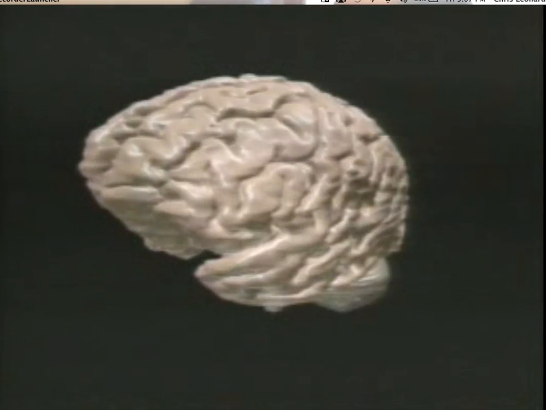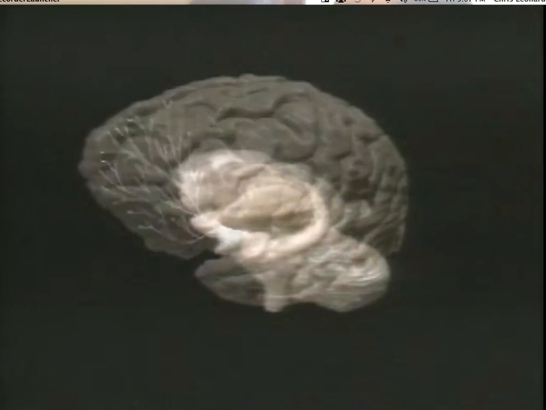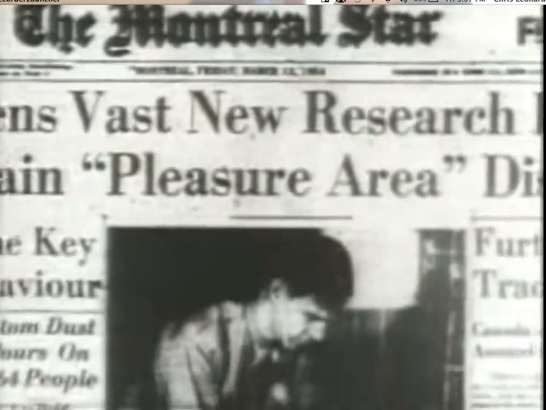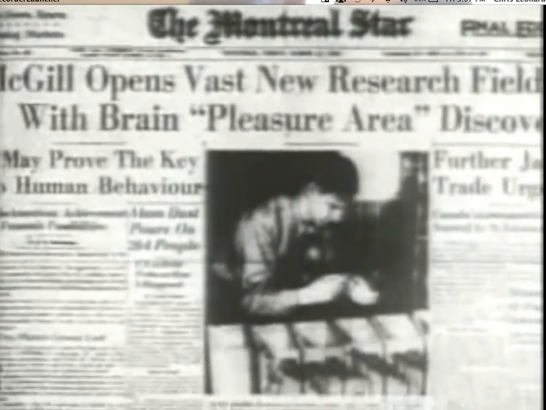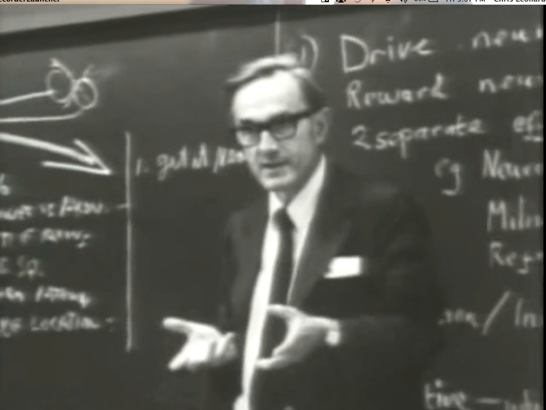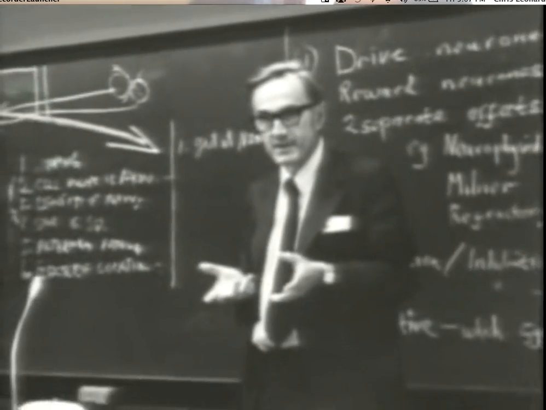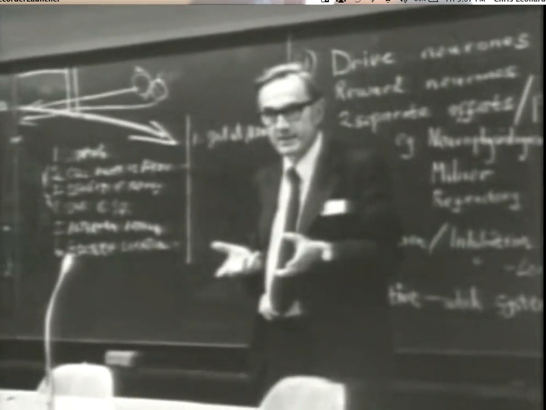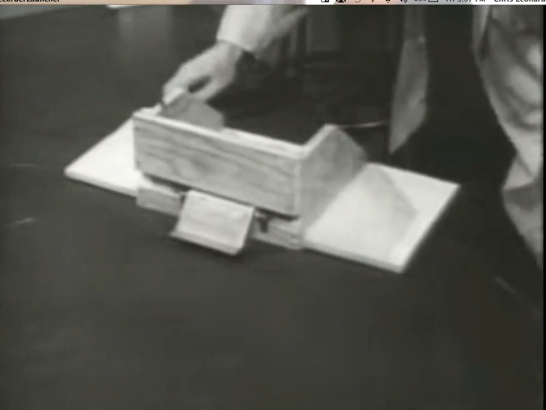Perhaps we get pleasure from drugs because they stimulate the same brain areas as sex and food. Working in Montreal in the 1950s, James Olds devised a crucial test. He worked out a new way to, in effect, ask animals how they felt.